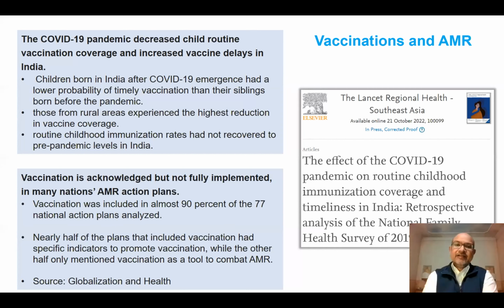Secondly, I would also like to note that while vaccines are included in AMR national action plans, only in about 50% of them there are specific indicators, even though the global action plan monitoring and evaluation framework has already included some specific indicators. And I'm happy to see that there is alignment between the global M&E framework indicators and ReAct's indicators.